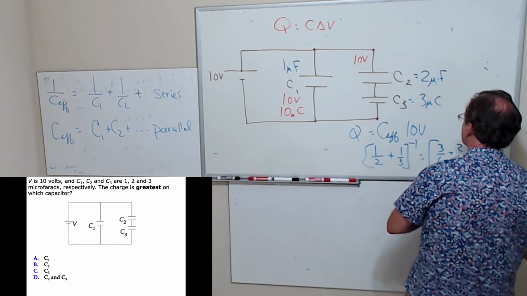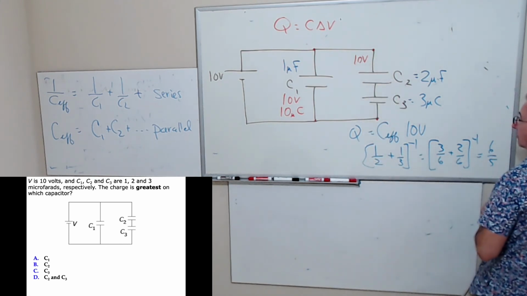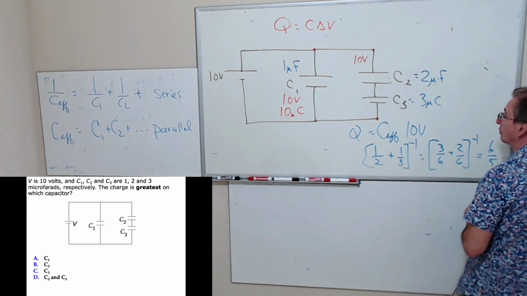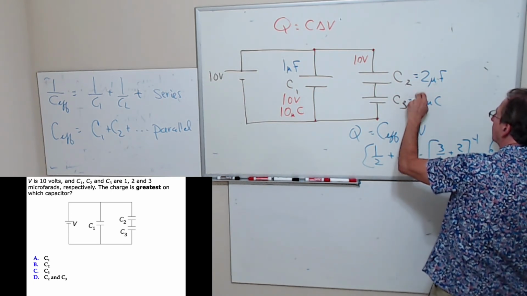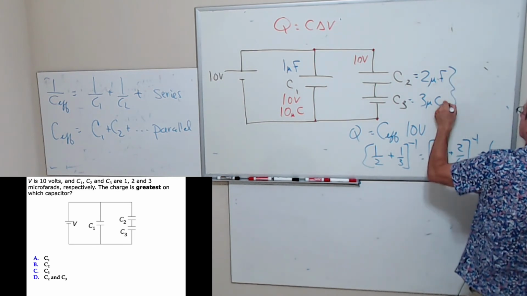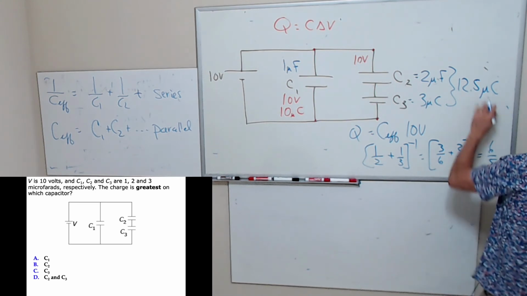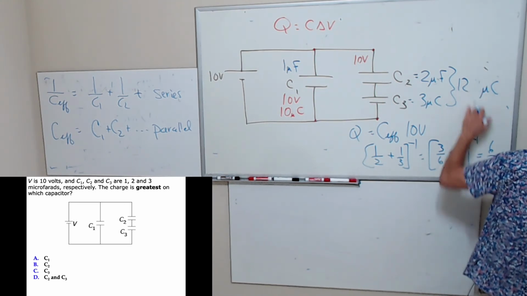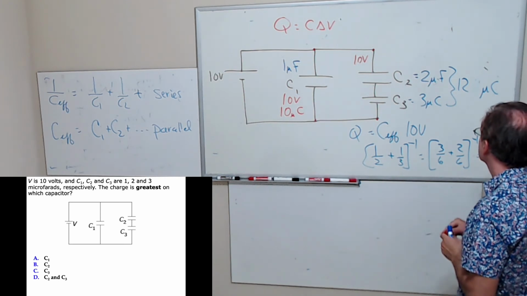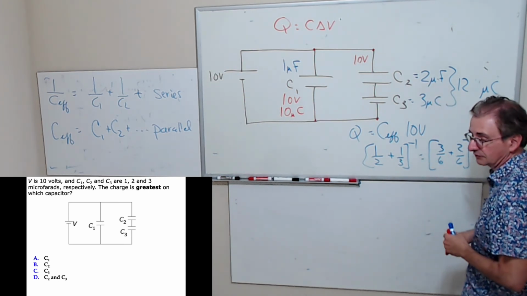The charge on each one is 10 times 6/5, whatever that comes up to be, 12 microcoulombs. And then you can figure out the voltage on each one. This will have 4 volts across it, this will have 6 volts across it.